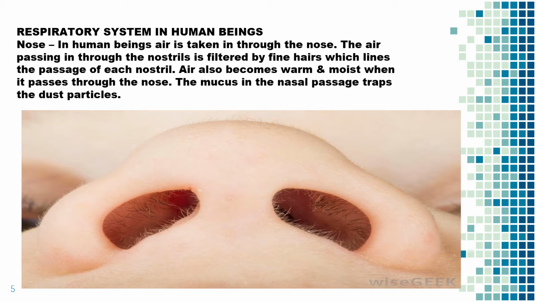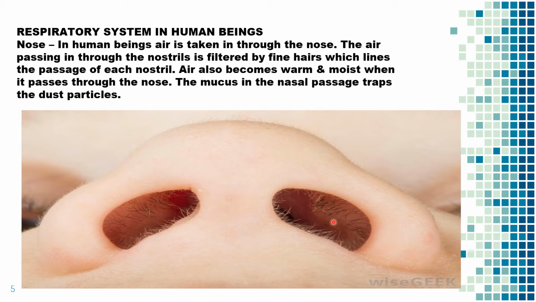So let us do a detailed study of the respiratory system. We begin with the first organ of the respiratory system, which is the nose. You see, the nose is divided into two nasal cavities. So this is one nasal cavity and this is the second nasal cavity, or we also call them the nostrils.